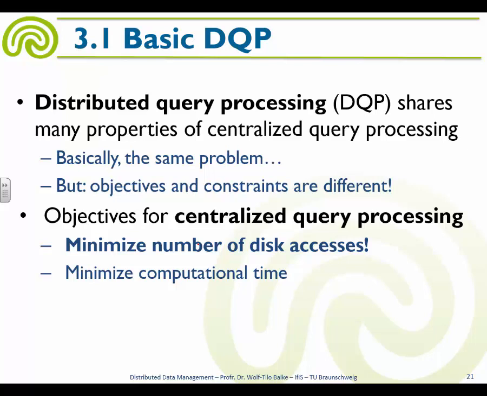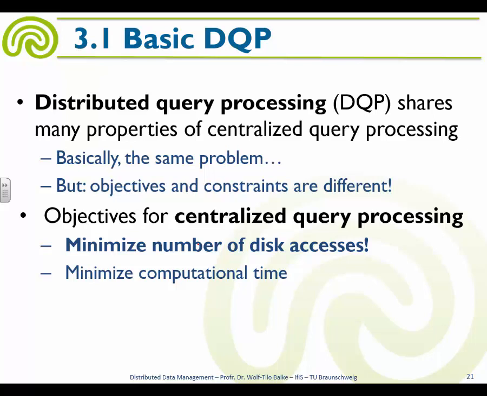Obviously, the problem cannot be all different now that we distribute the data, but many of the characteristics that we have in centralized query processing and query optimization also need to be addressed in the distributed case, right? We have basically the same cost problems.